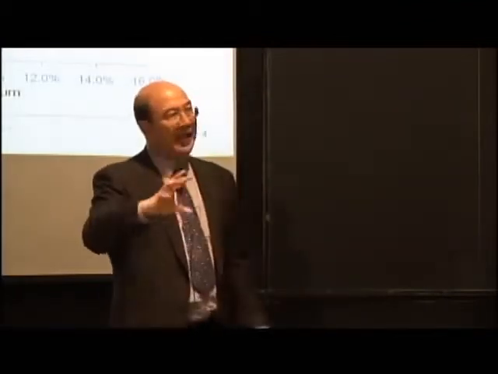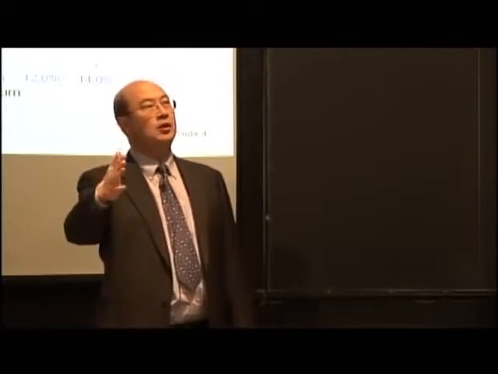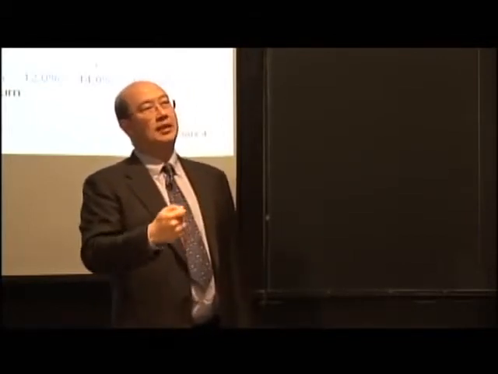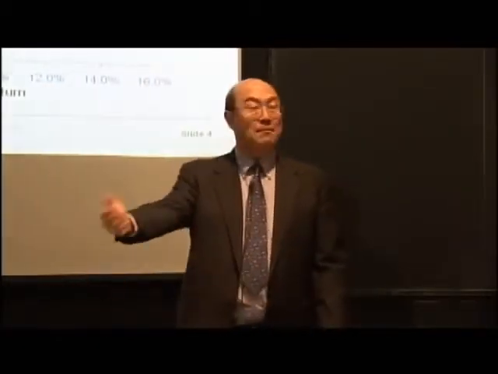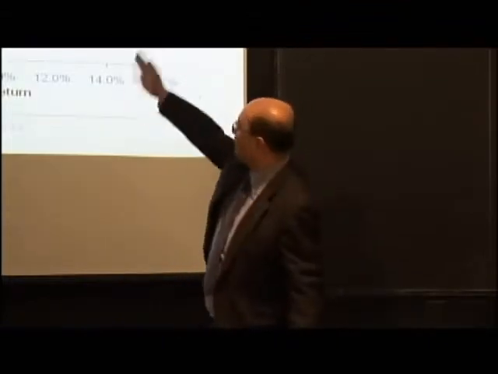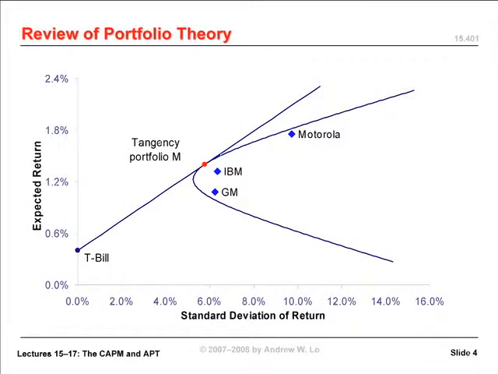By do better, again, I'm going to reiterate, I mean you can have higher expected return for the same level of risk or lower risk for the same level of expected return. That's what I mean by do better. So you would never want to hold IBM just by itself because you can do better, right? You can do better in getting up to that northwest quadrant from the IBM point.